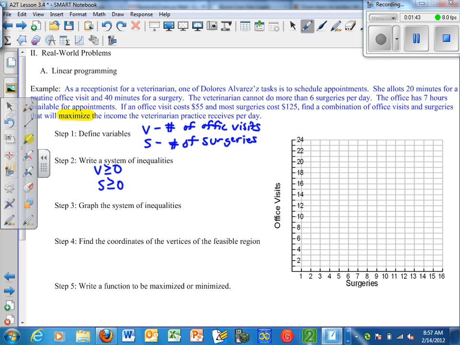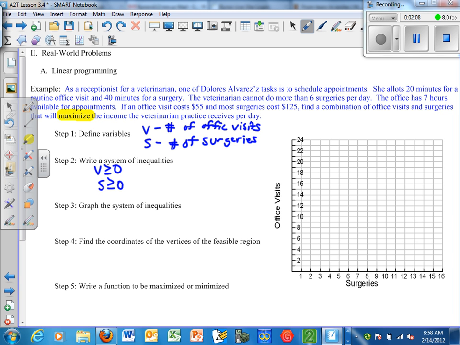Now, what we're going to do is write an inequality for this. The office has 7 hours available for appointments.